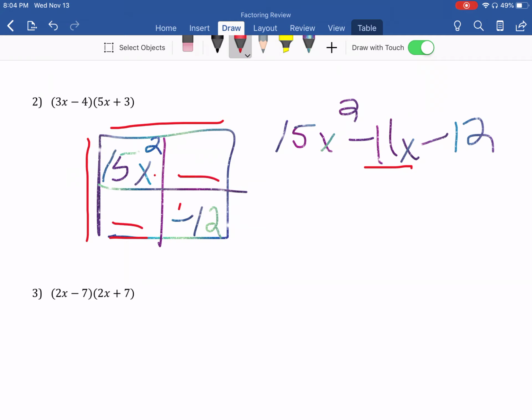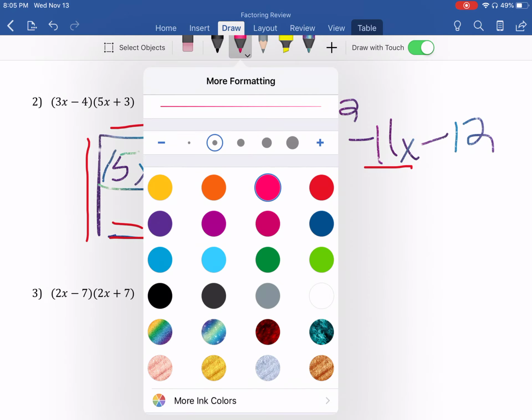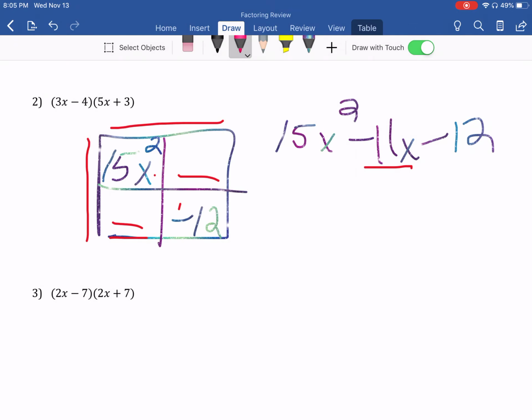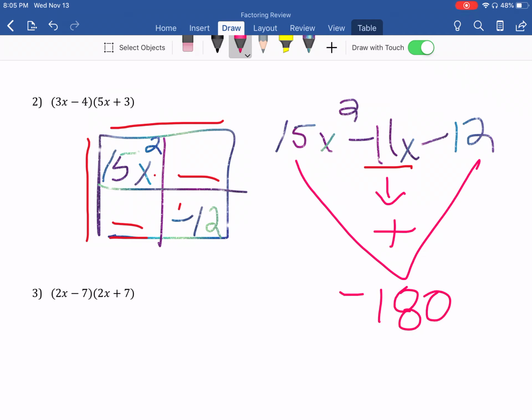But you know something about those terms. Let's change to a pink, I hate writing with red. You know that when you combine those two terms, they add to be this negative 11. And you also know that they multiply to be negative 180, okay?